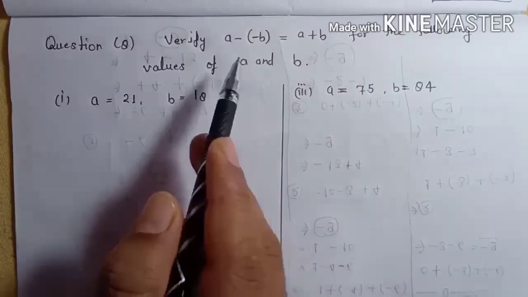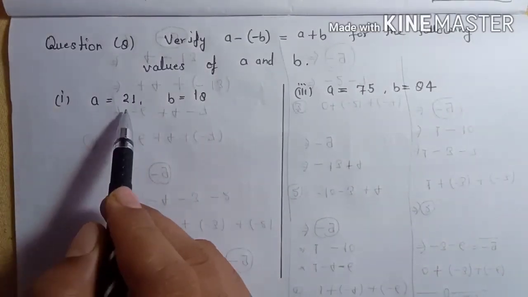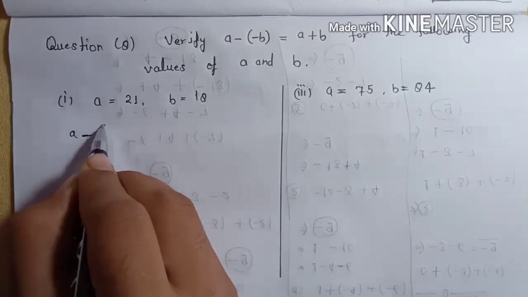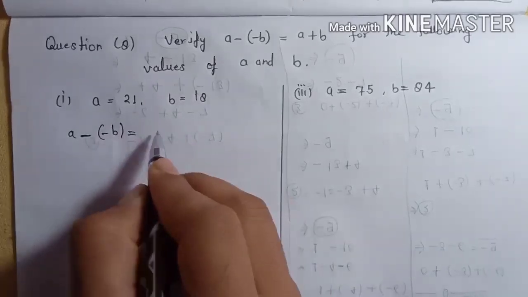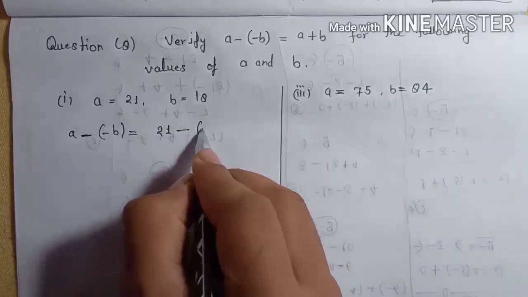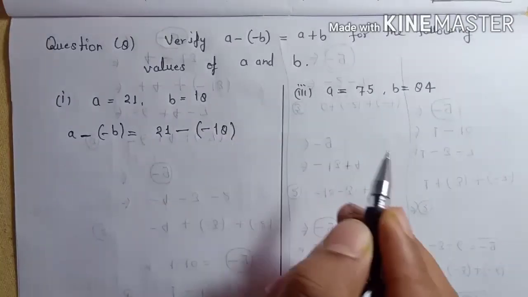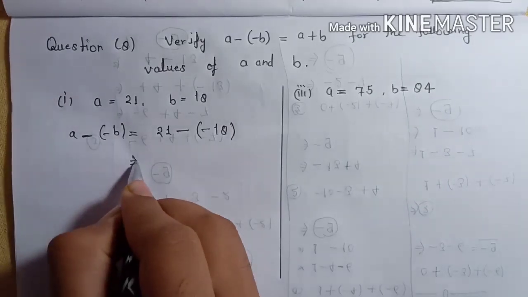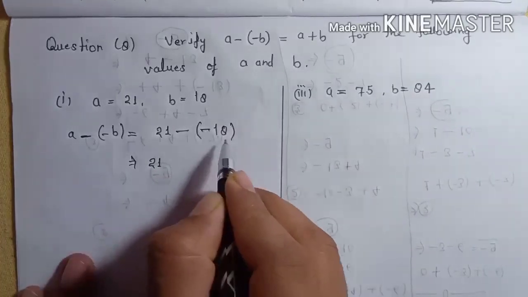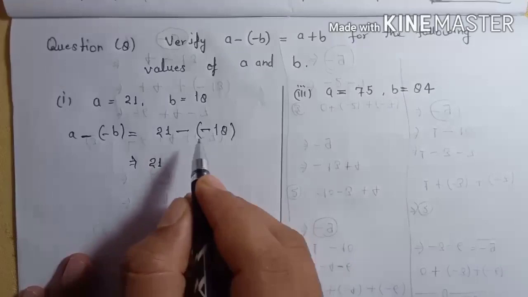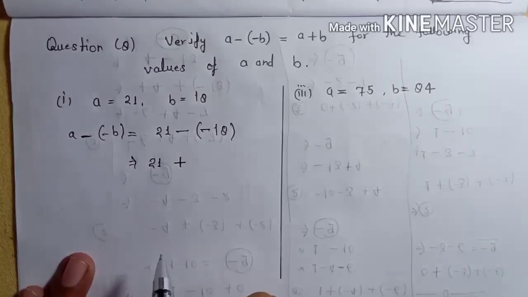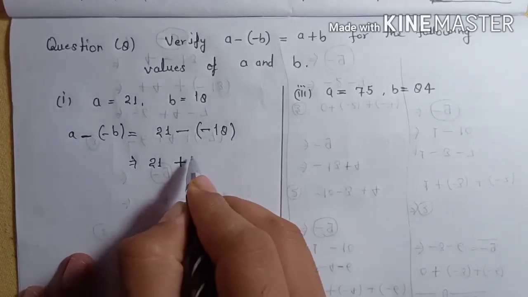First get the value of a minus minus b, where a is 21 and b is minus 18. When we subtract any integer from another integer, we add the additive inverse of that integer, and the additive inverse of minus 18 is plus 18.